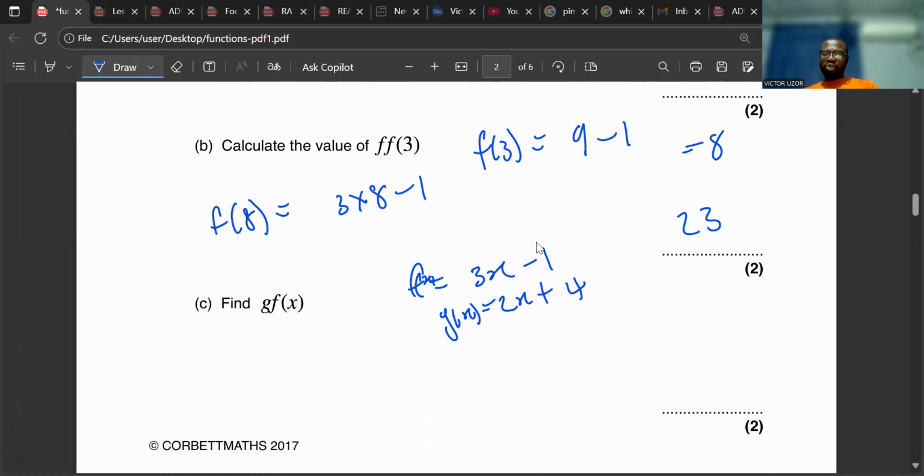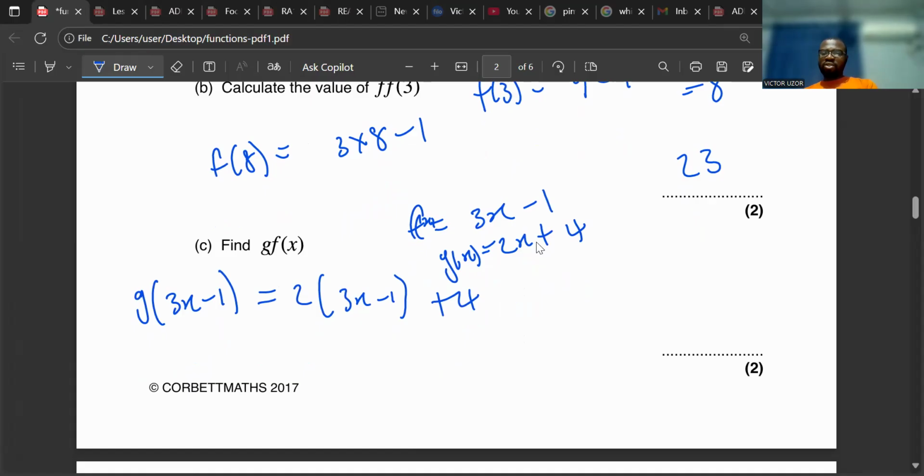That means you will now have g in bracket, what is f of x? 3x minus 1. So it's now going to give you 2 in bracket 3x minus 1 close bracket plus 4, which will give you 6x minus 2 plus 4, which will give you 6x plus 2. Simple.